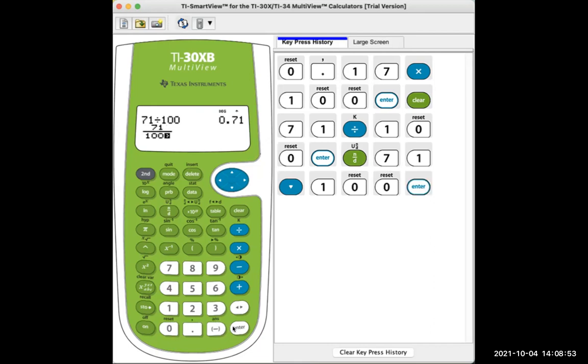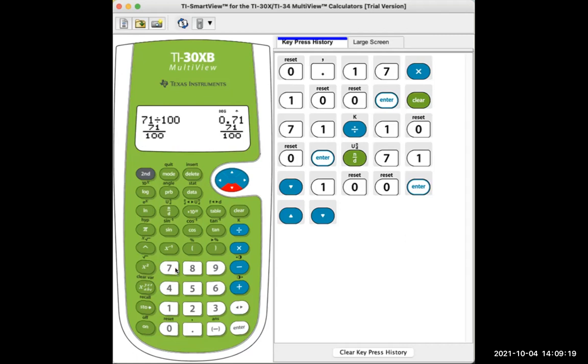Too many buttons there, yeah? And what's more is that when you type it as a fraction, it gives a fraction as well. If you type 71 divided by 100, it gives you 0.71. Remember, we wanted a fraction in the end, yeah? So it's 71 over 100. This one here is already the most simplified.